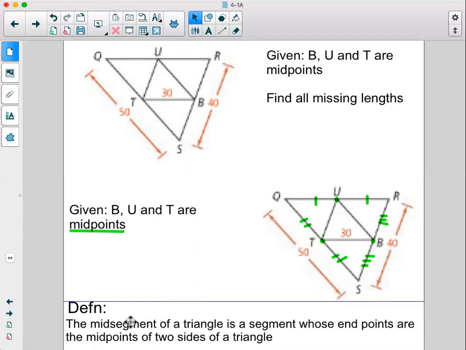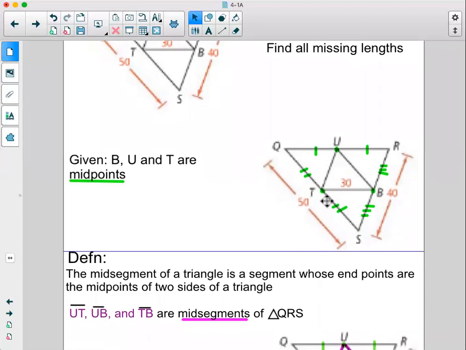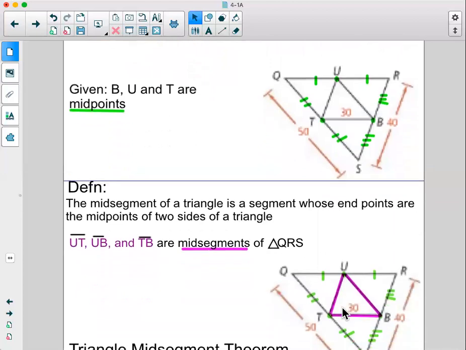And then we know that the midsegment definition kicks in. Because each of these connects midpoints of the triangle, we know that UT, UB, and TB are all midsegments of triangle QRS.